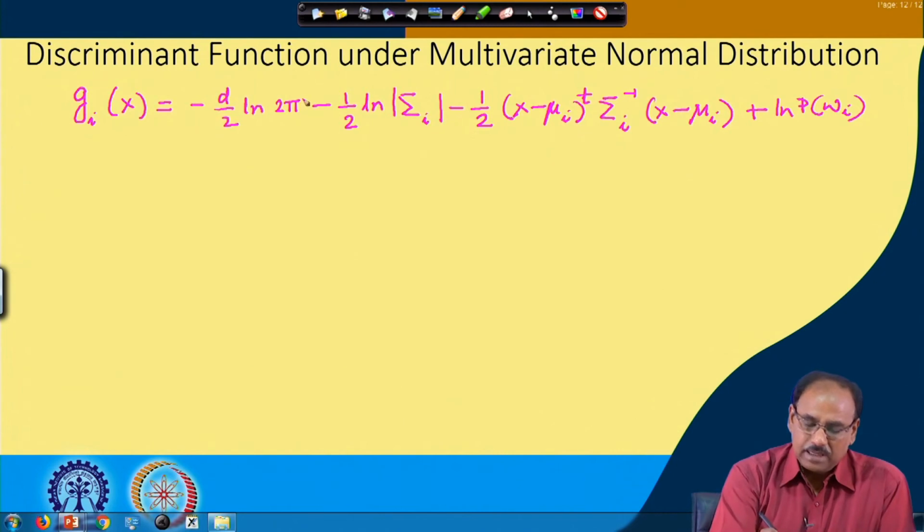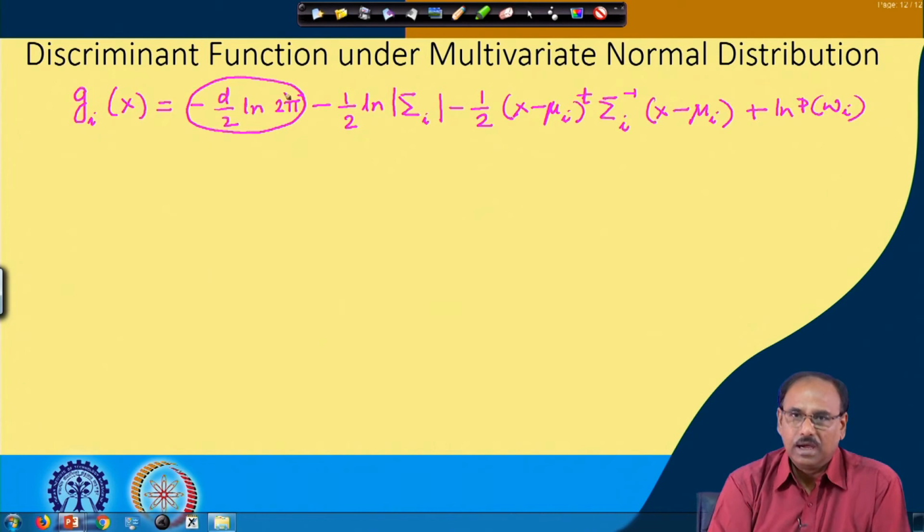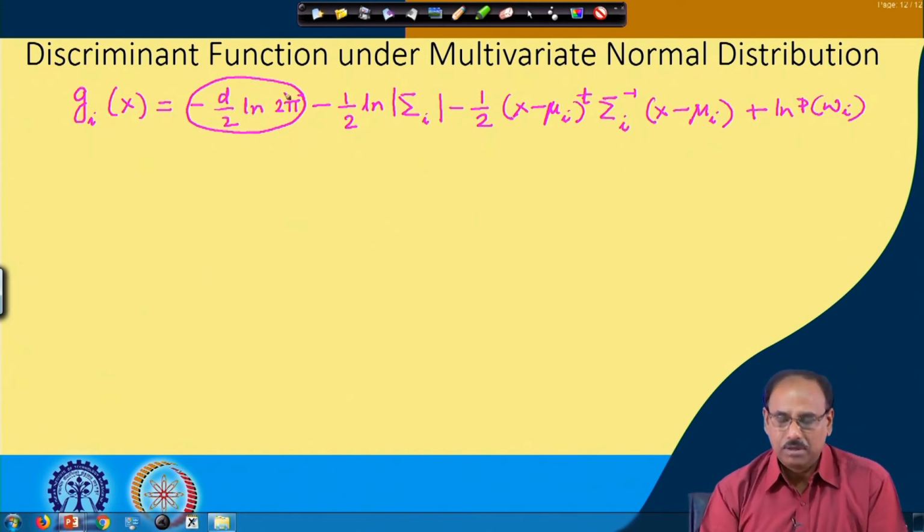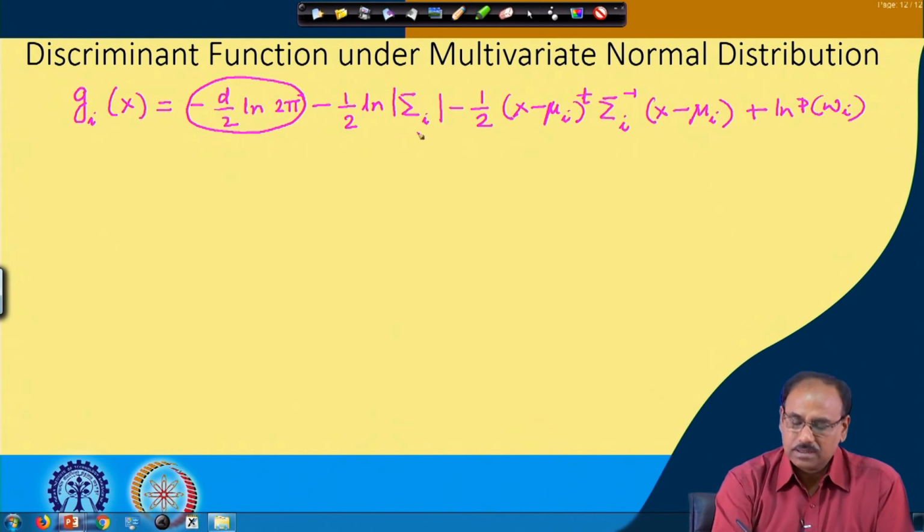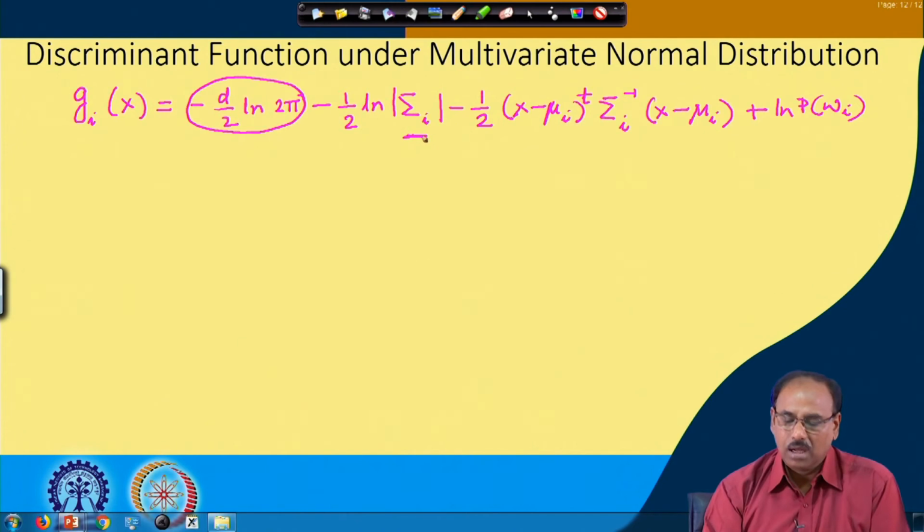Here you find that, as before, I can remove the first term from g I x, because it is the same for all values of I. Whereas in the earlier cases we had ignored the term half log determinant sigma I as well, because sigma I was the same for all the classes. Now, sigma I is not the same for all the classes, it is different for different classes. So, I cannot ignore this term anymore.